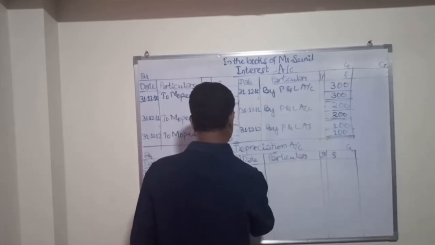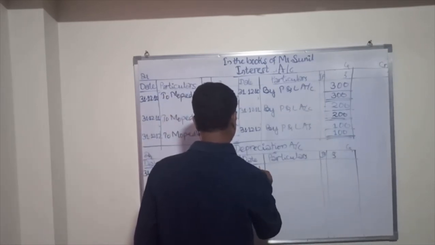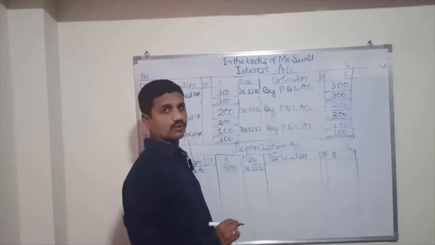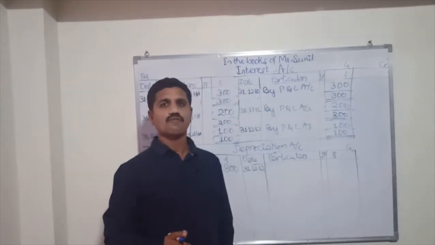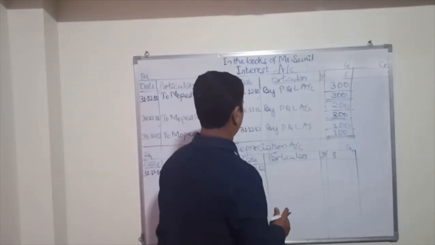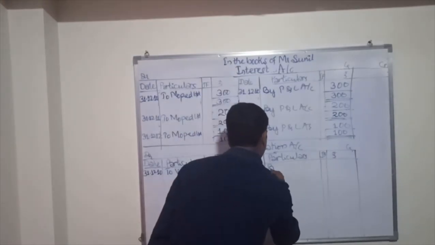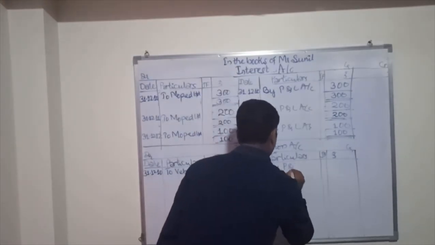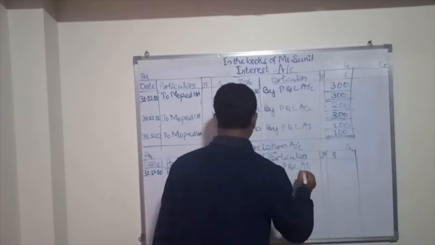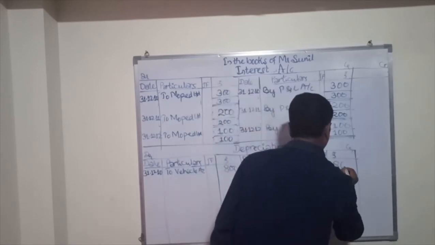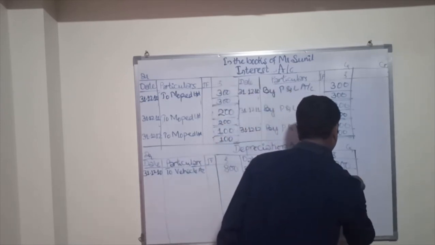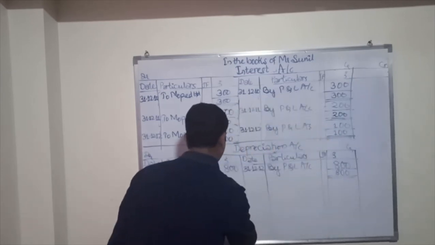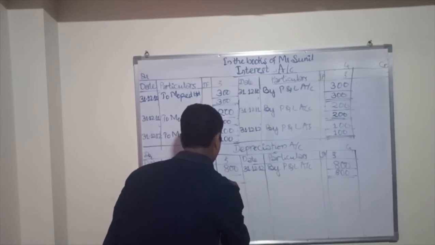At the end of the first year, when this is transferred to P&L account, the journal entry will be profit and loss account debit to depreciation account. So depreciation account is credited by P&L account, 800.